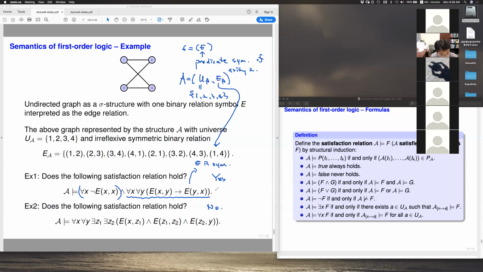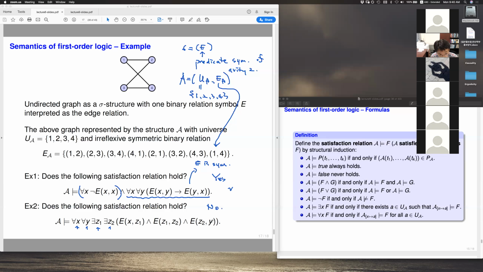So the satisfaction relation is going to be true in the first case, but in the second case it is not going to be true, because what it says is for every vertex x and y, we can always find z1 and z2 so that x is related to z1, z1 is related to z2, z2 is related to y. What does that mean?